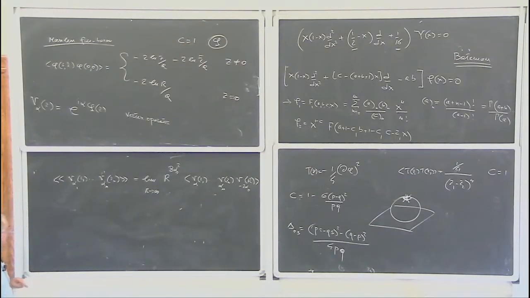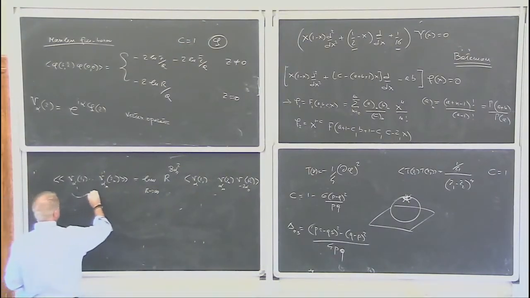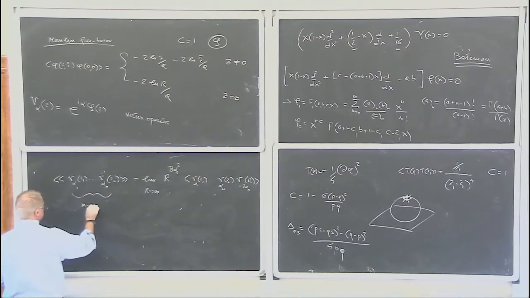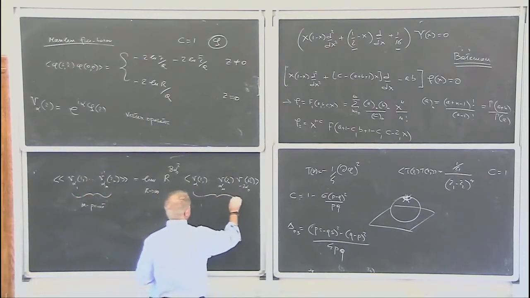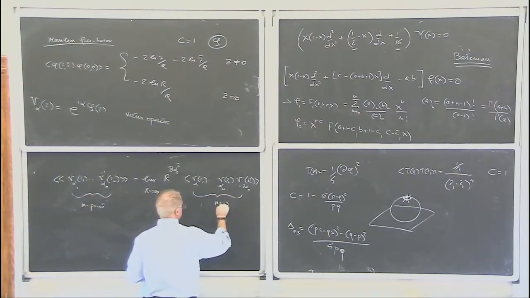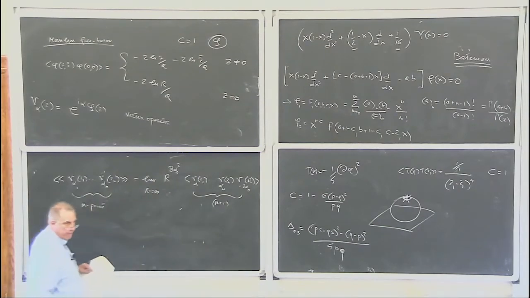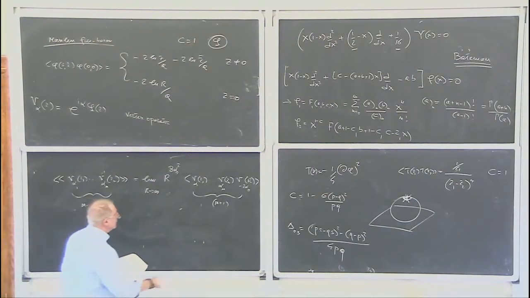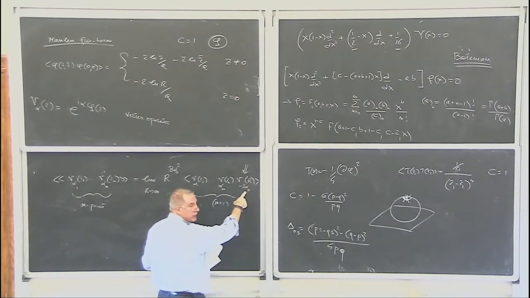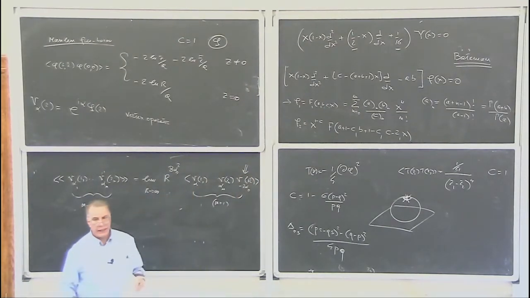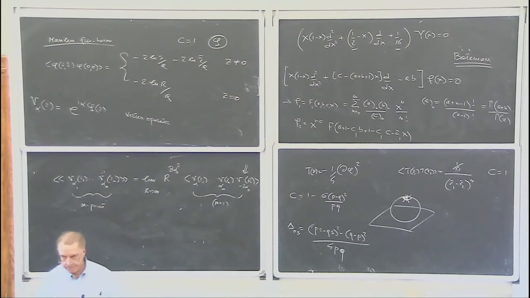So the thing is, this is an n plus 1 point function. I insert an extra vertex charge minus 2 alpha 0 at 0, and I send it to infinity.